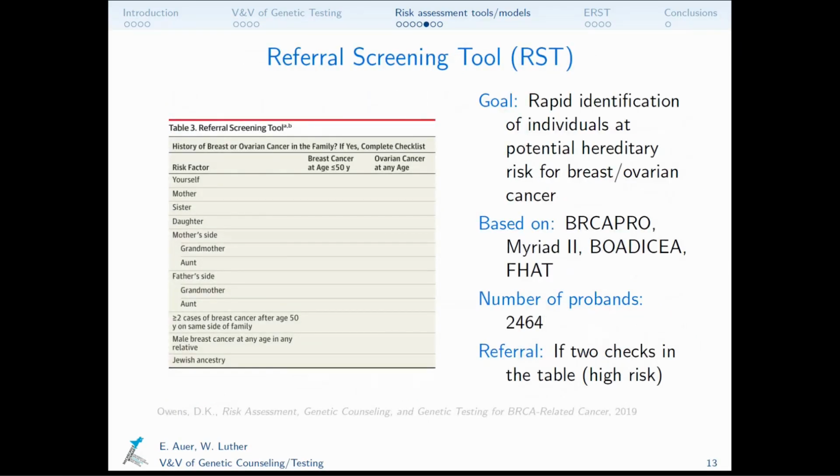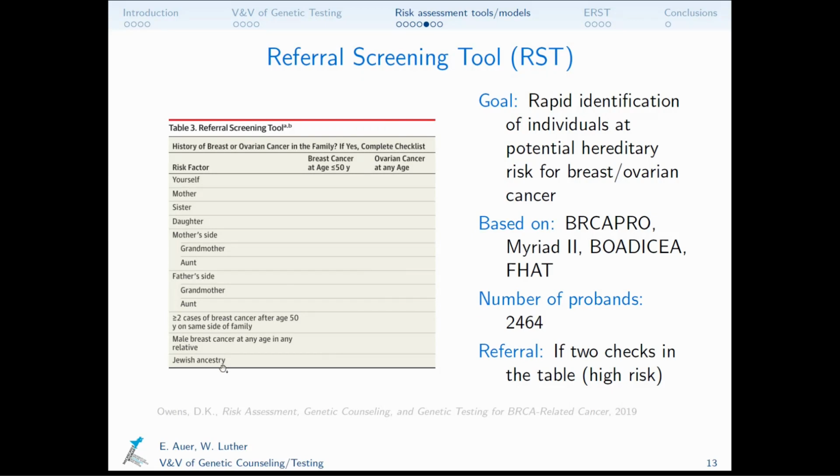The simplest tool for a doctor to use is this referral screening tool. The goal of this tool is rapid identification of individuals at potential hereditary risk for breast and ovarian cancer, the same as previously, actually. So this tool is based on a number of established tools in this area. The criteria are really simple in this case.